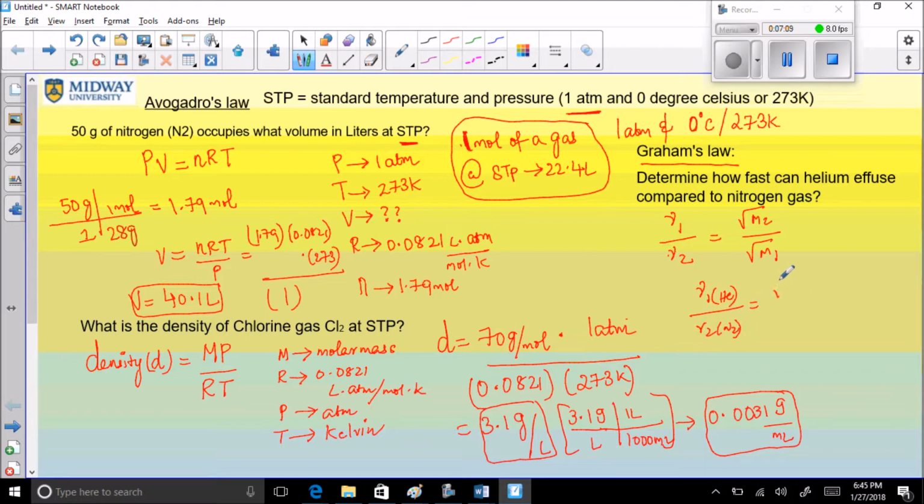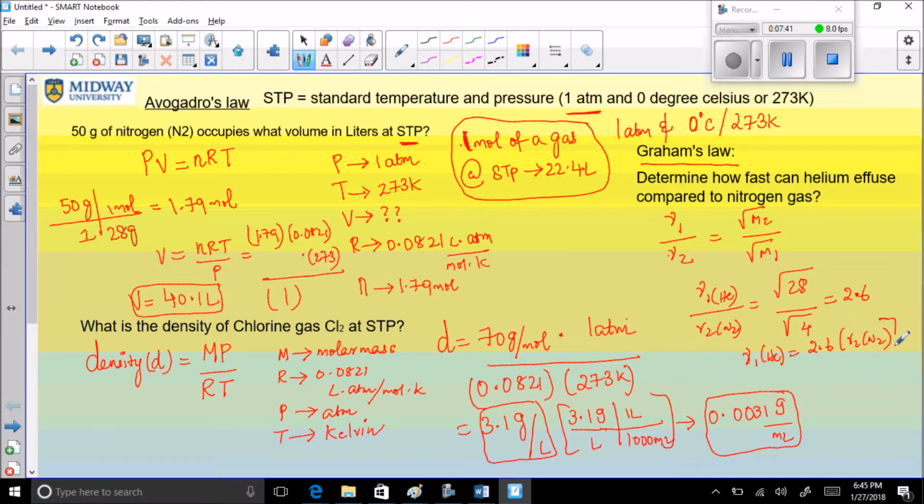That means the molar mass of nitrogen should be on top, which is 28, and the molar mass of helium is 4. So if you do the math, the square root of 28 over 4 is the square root of 7, which is about 2.6. So R1 of helium equals 2.6 times R2 of N2.